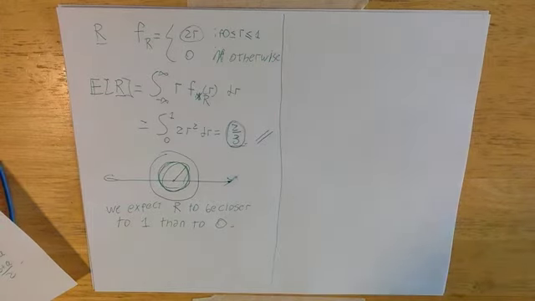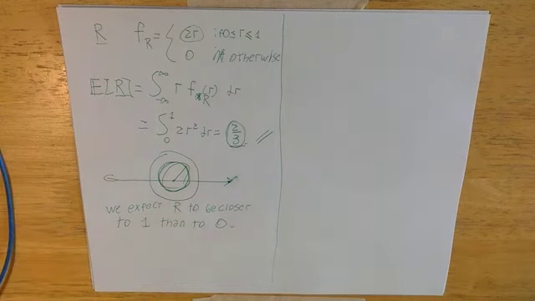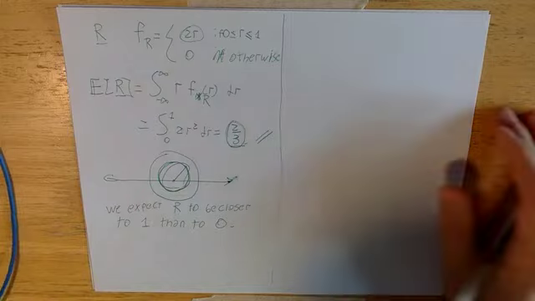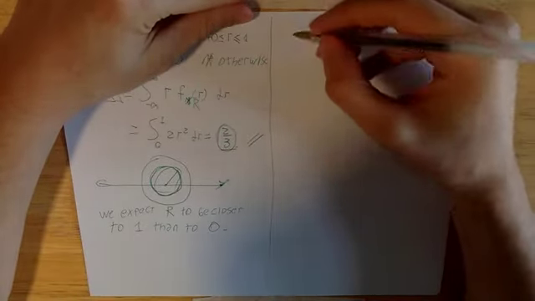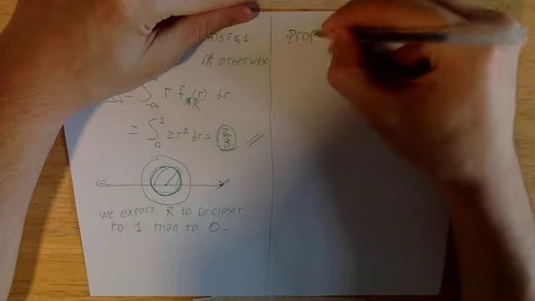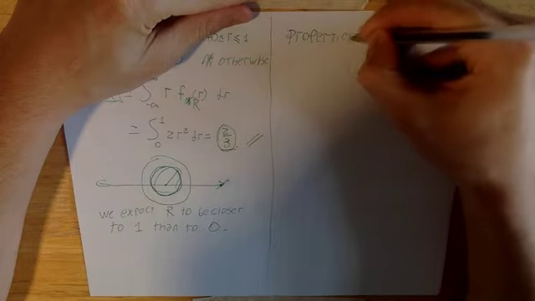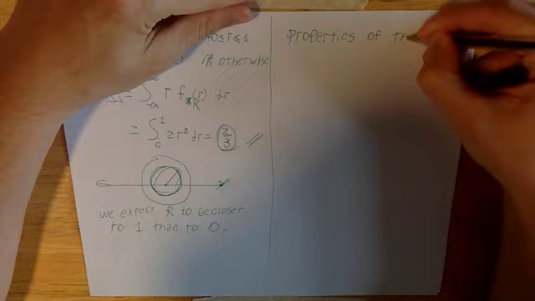Okay, so what are the properties of the expected value?